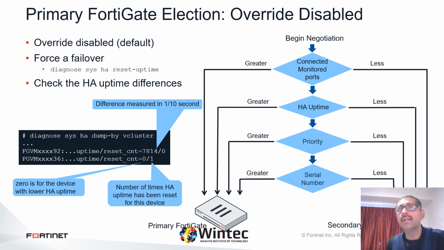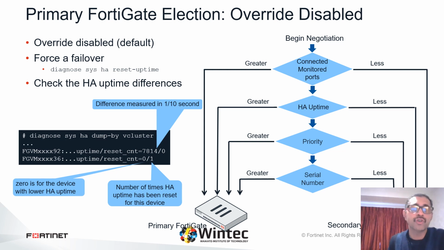Also, if a monitored interface fails or a FortiGate in a cluster reboots, the high availability uptime for that FortiGate is reset to 0. You can view the high availability uptime difference between the cluster members in the dashboard. The device with 0 in the uptime column indicates that the device has the lowest uptime.